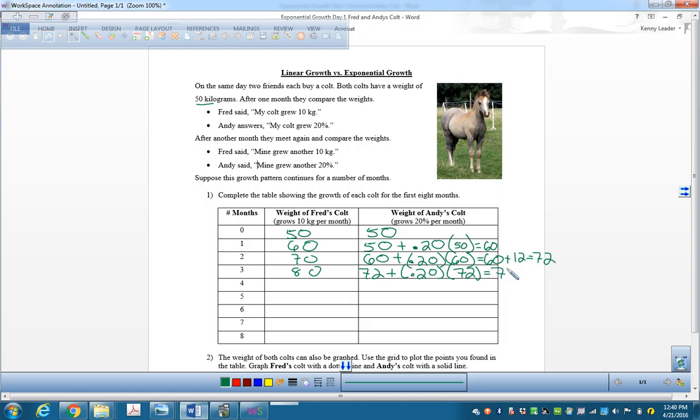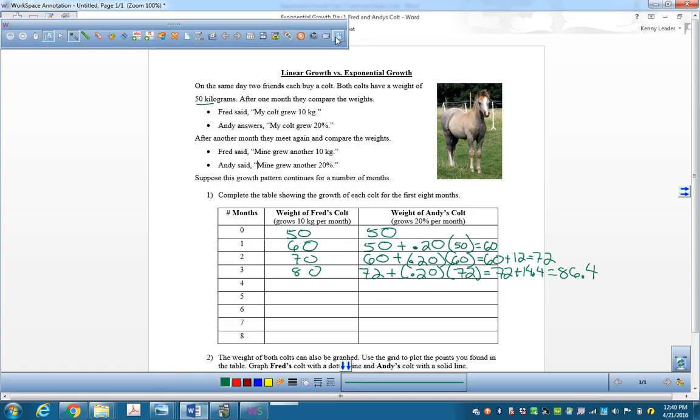So I'm going to take 72 plus 14.4, and I get what? 86.4. Okay? So you guys go through, you probably need to use a calculator, and complete that table. Go ahead.